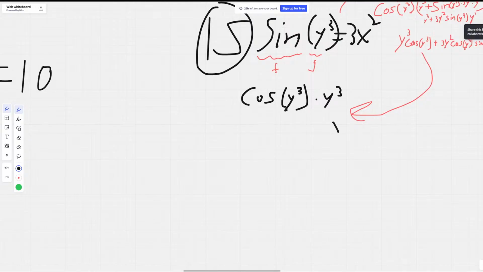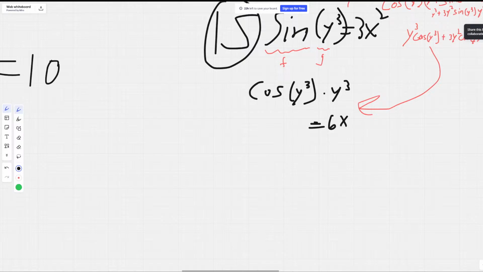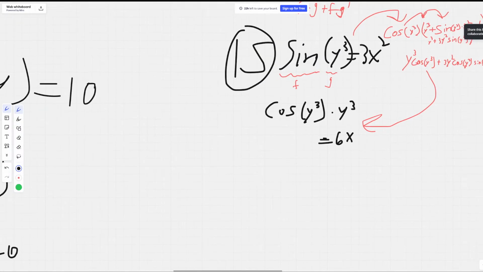So I'll start with that. 6x equals, not really anything you put together. Minus y cubed cosine y cubed, thus equaling 3y squared.